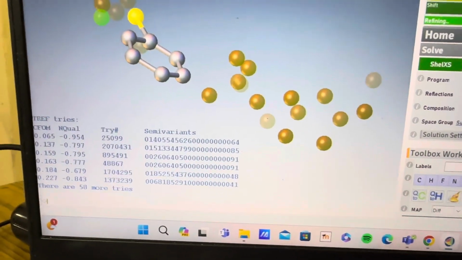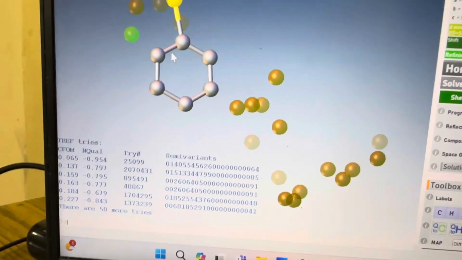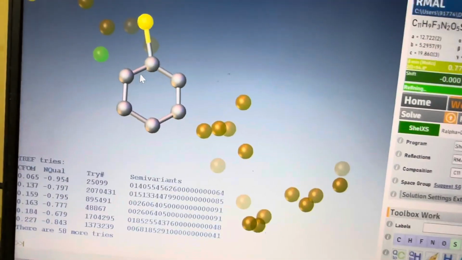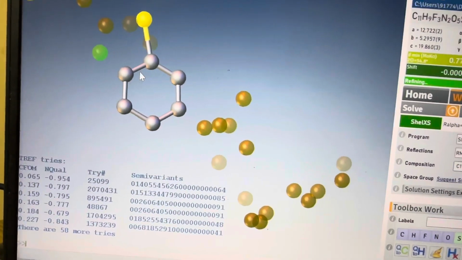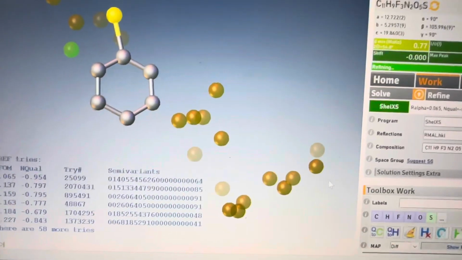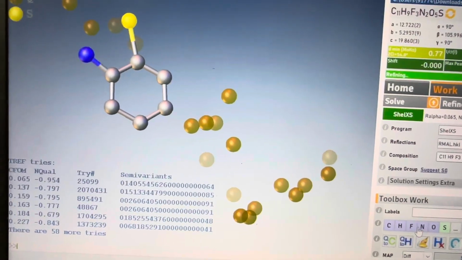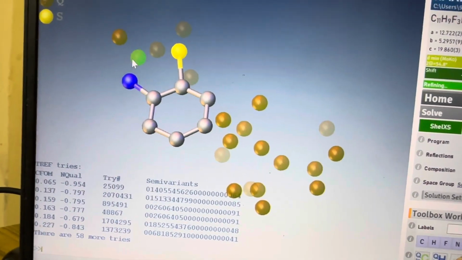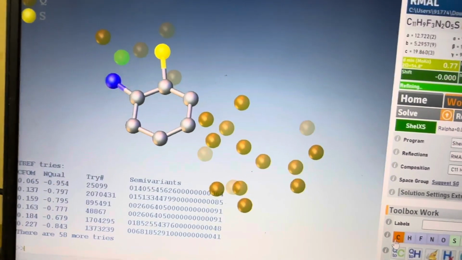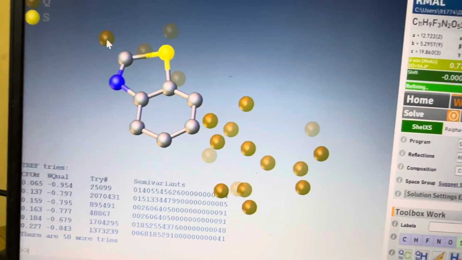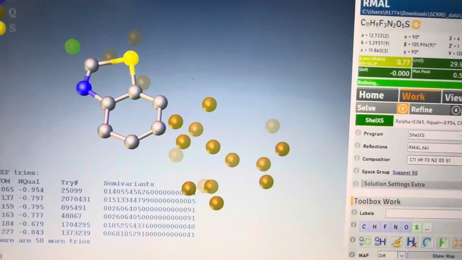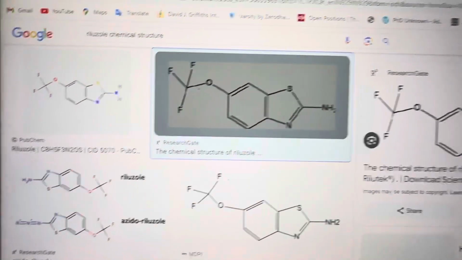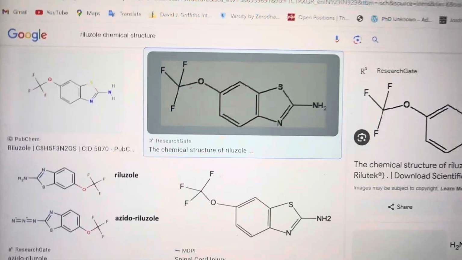This one is out of the plane, so it shouldn't be in the ring, since both rings are aromatic, they should be planar. So this should be a nitrogen atom, and the fifth member should be a carbon, and this particular atom should be an amine group, NH2.